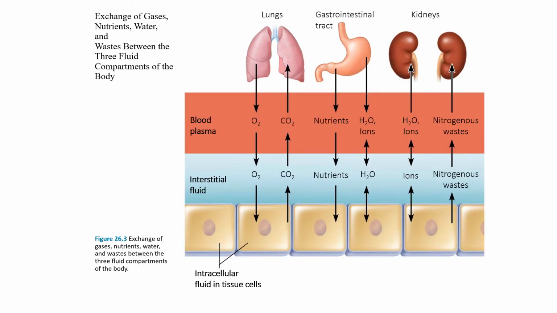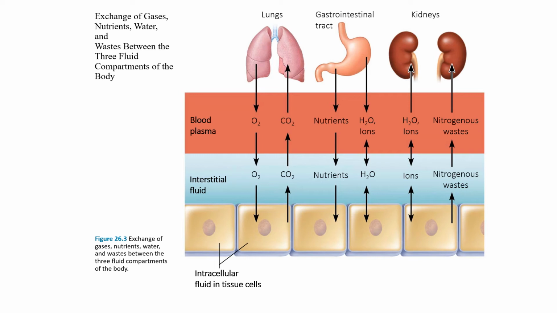So when we look at this picture, we see that O2 flows out of the lungs, right, into the blood plasma, to the interstitial fluid, and inside the cell. That's the direction it flows. CO2 flows out of the cell into the blood plasma and eventually into the lung tissue to be exhaled. Look at nutrients.